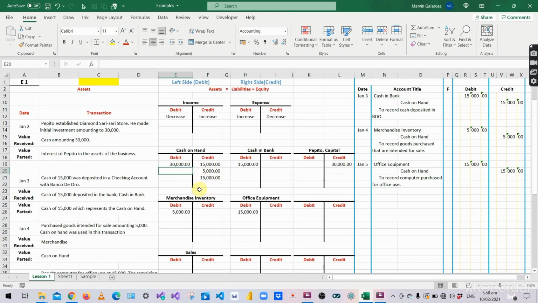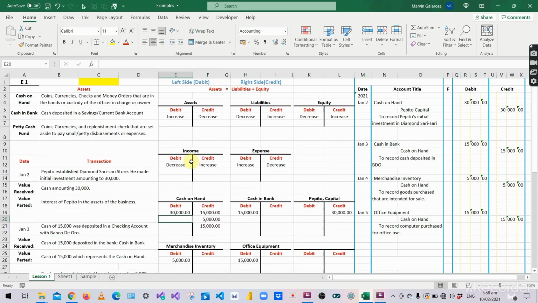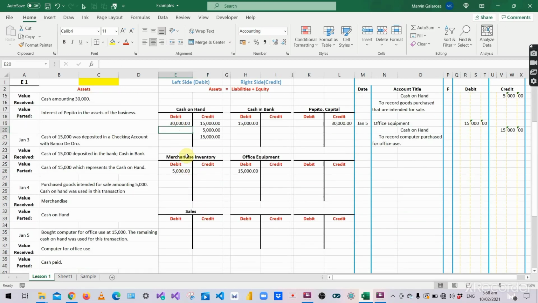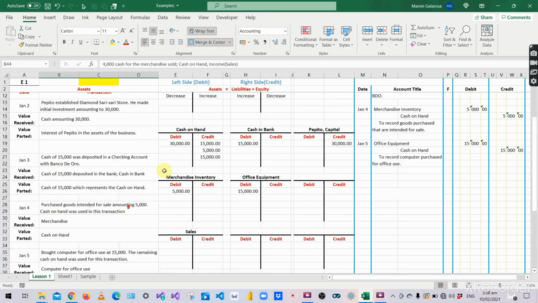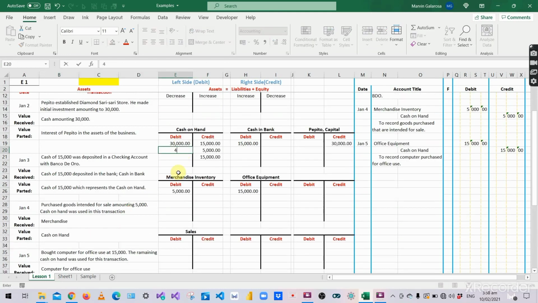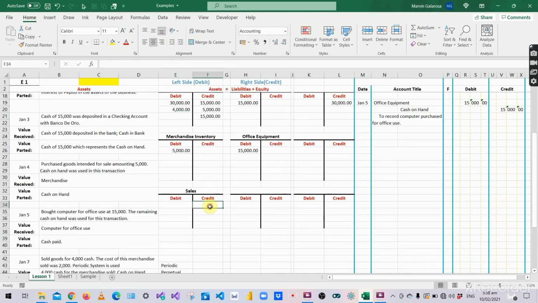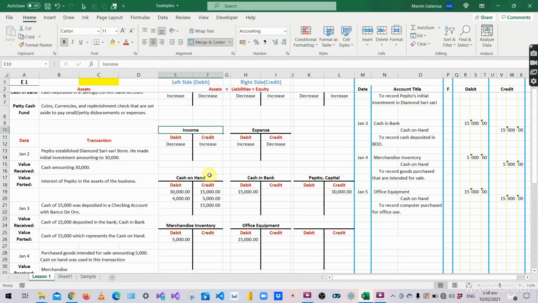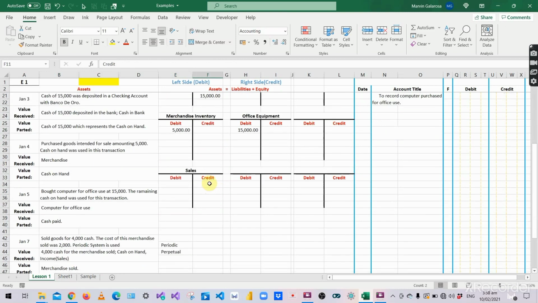Since si cash on hand ay isang asset, and ang increase sa asset ay sa debit side, so write natin yung 4,000 pesos sa debit side ng cash on hand. Kasama din sa nag-increase is yung sales. Ang sales ay isang income account. And ang increase sa sales or dagdag sa sales ay sa credit side. So, lagay naman natin yung 4,000 on the credit side.